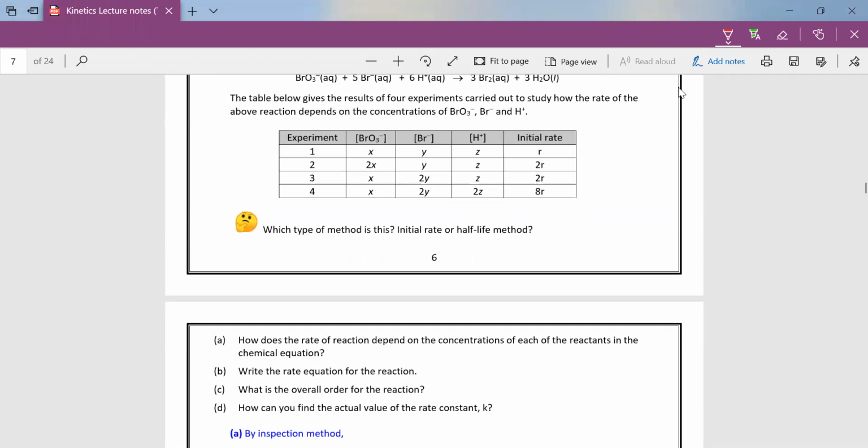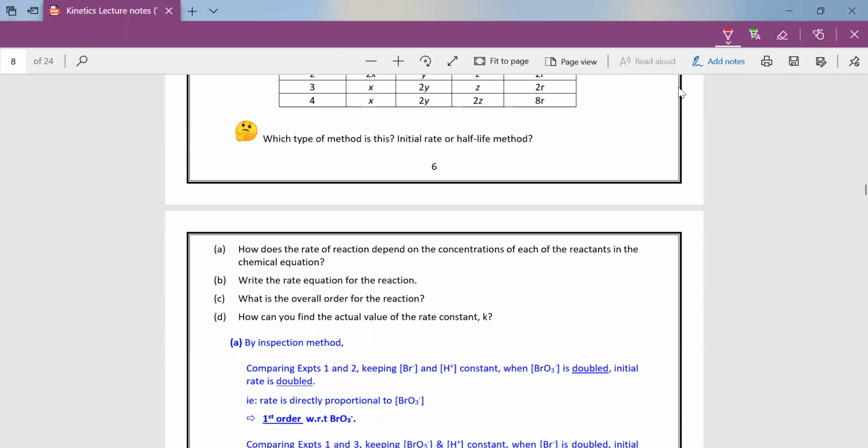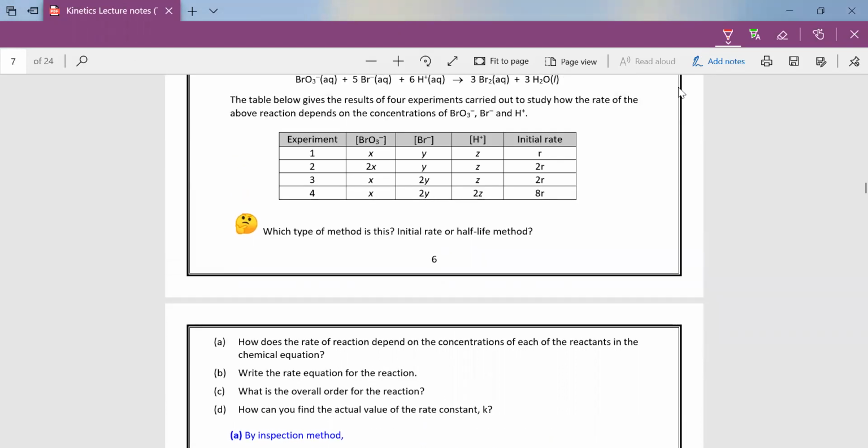Okay, so let's look at the typical questions. A, how does the rate of reaction depend on the concentration of each of the reactants? So when we look at the table using the inspection method, comparing experiment 1 and 2.